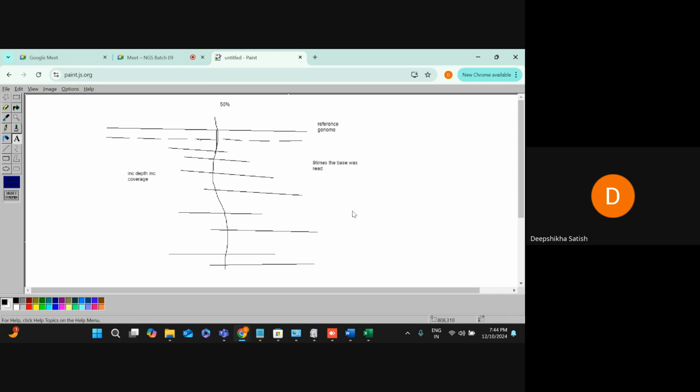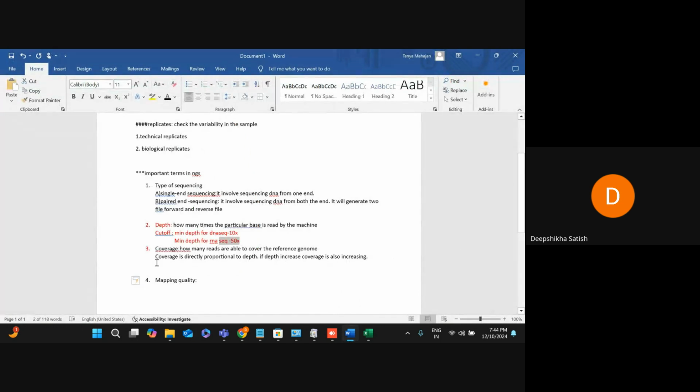But along with that, they are taking the entire reads also, which cover that particular area. Yes, correct. That comes under the coverage. Okay, thank you so much.